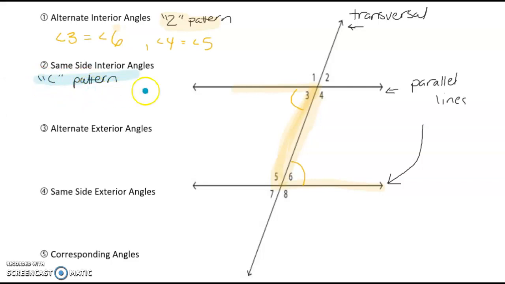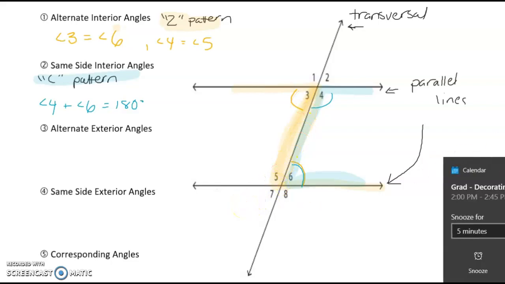A C pattern could look like this, and that means angle 4 plus angle 6 equals 180 degrees. You could also do it backwards. A C pattern could be this way, and that means angle 3 and angle 5 equal 180 degrees.